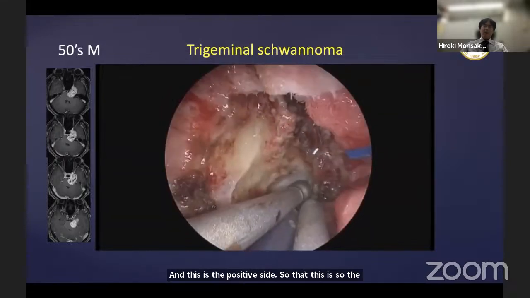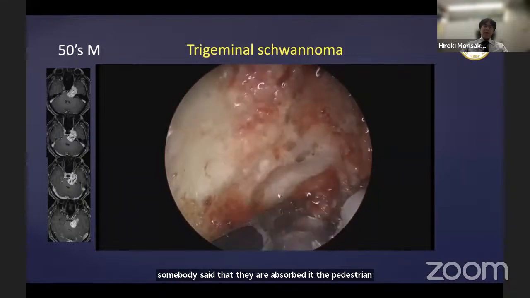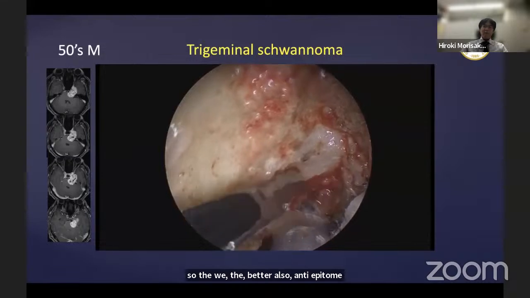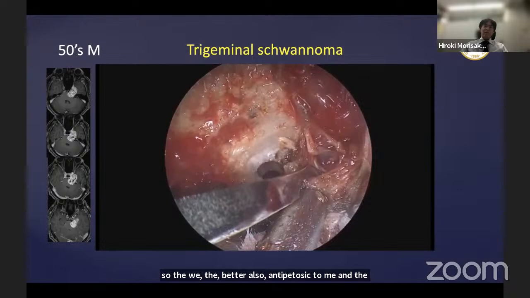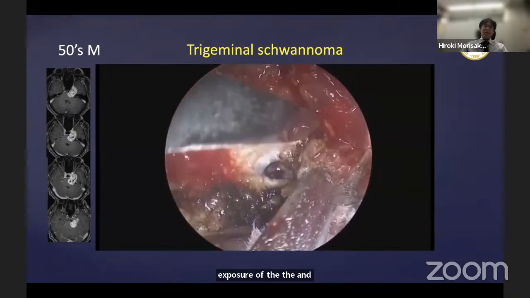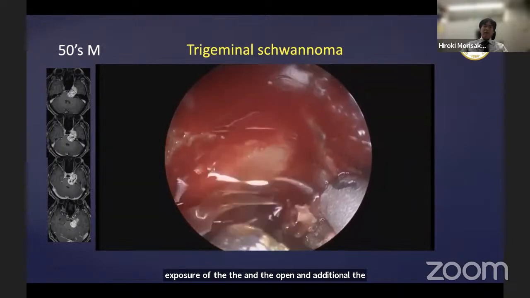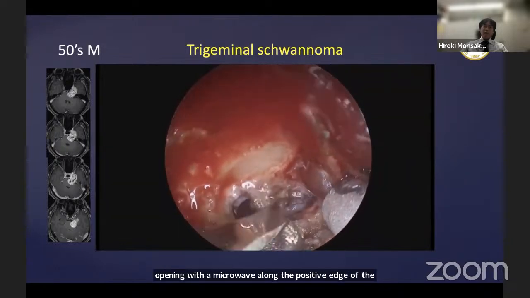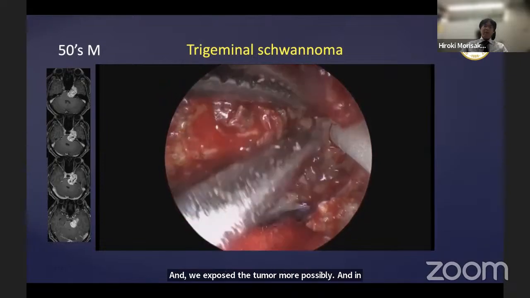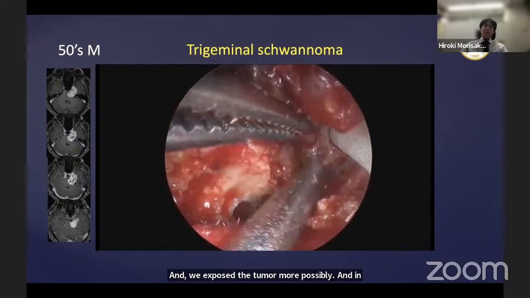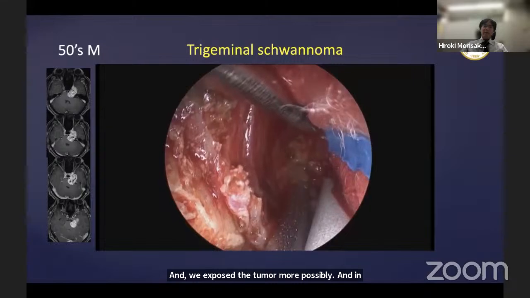So we drilled the petrous bone, an anterior petrosectomy, exposed the dura mater of the posterior fossa and cut it, and additionally opened the Meckel cave along the posterior edge of the tumor. We exposed the tumor more posteriorly and enlarged the surgical corridor to remove the posterior and medial part of the tumor like this.